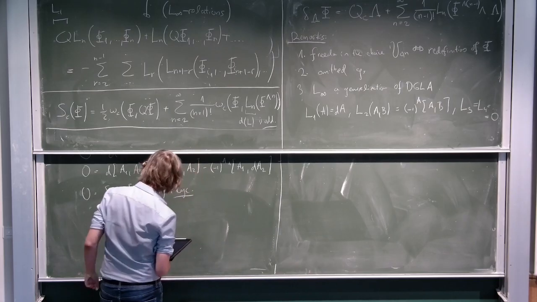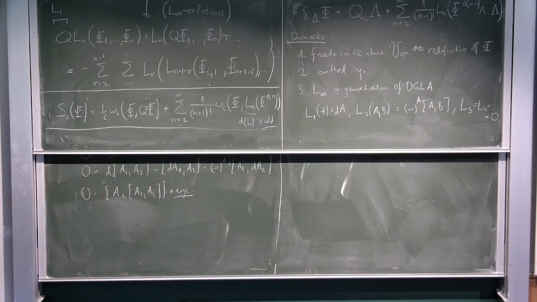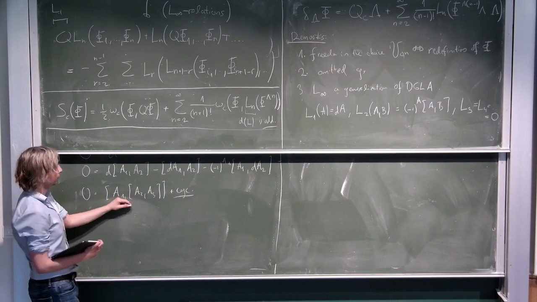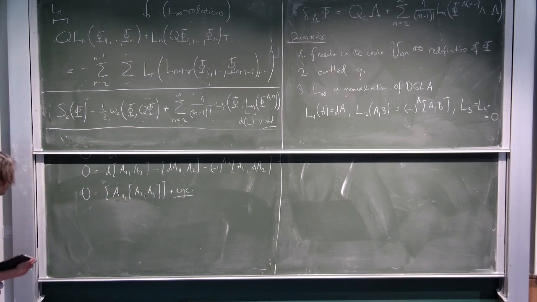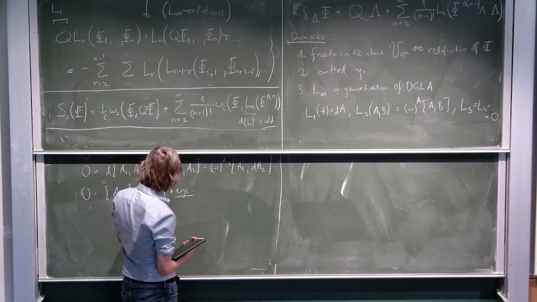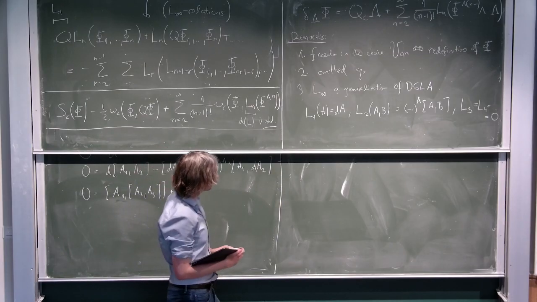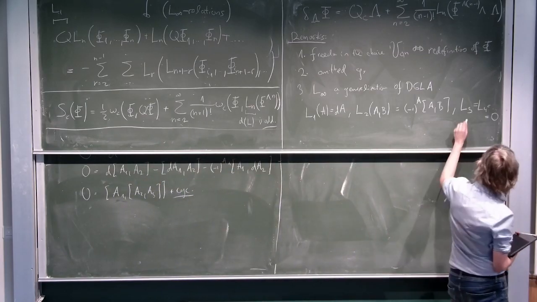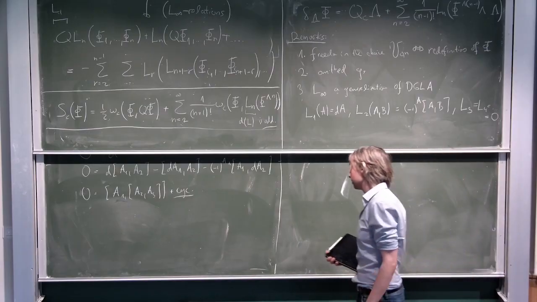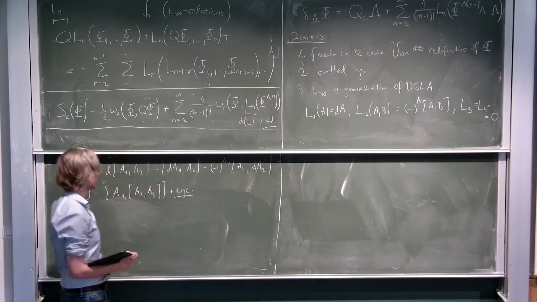So that's nice. But at the same time, this tells you how much more general the L-infinity algebra is. In the case where this third relation would have been modified, L3, the three bracket, would not be equal to 0 by other contributions, right?